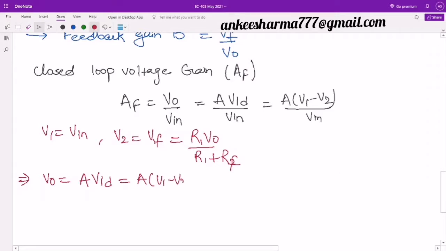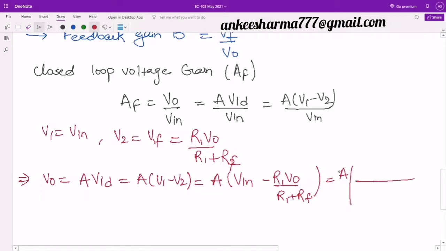Which is equal to A times, what is the value of V1? You can write V1 is equal to VIN, and V2 can be written as R1 V naught upon R1 plus RF, right? And you can further write it as A times, you can take the LCM over here.